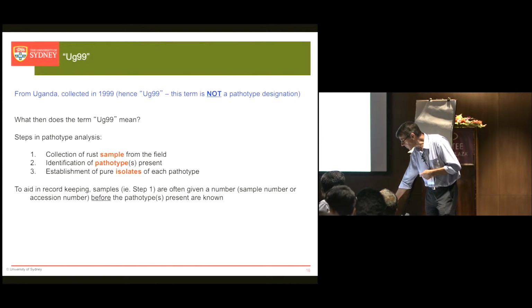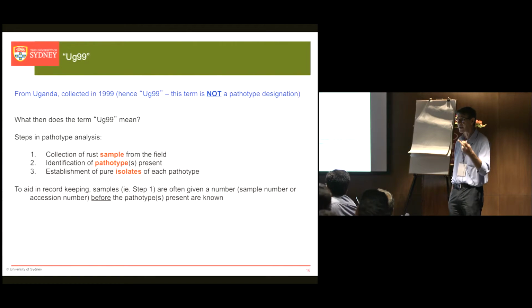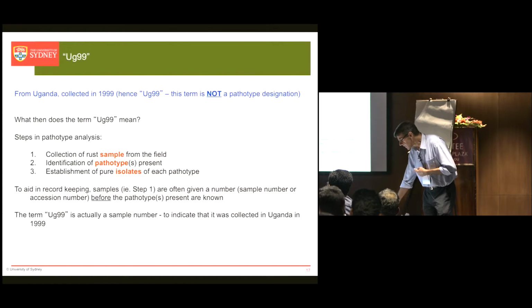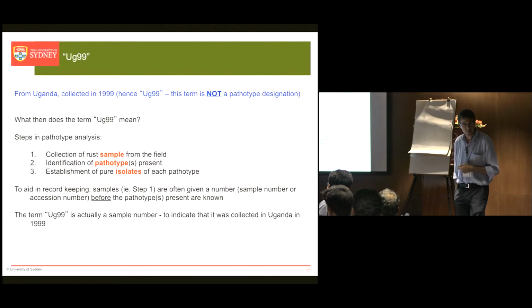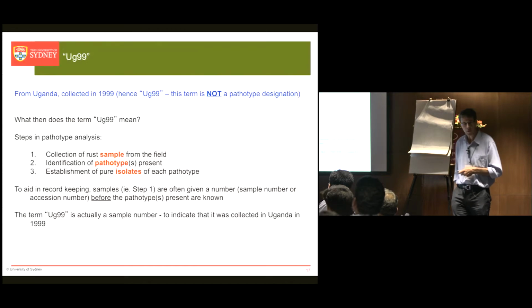They're the crucial terms. Now, to aid in record keeping, the samples are often given a number. We don't know what pathotypes are present in a sample until we do the analysis. So we give the sample a number. And that's what ug99 was. Zach received the sample. He didn't know what the pathotype was.